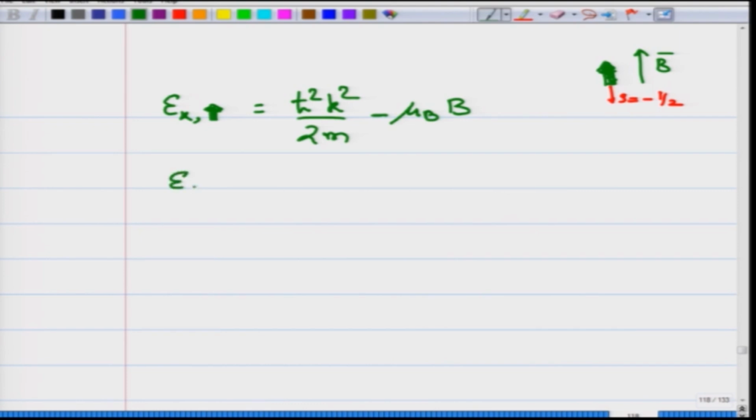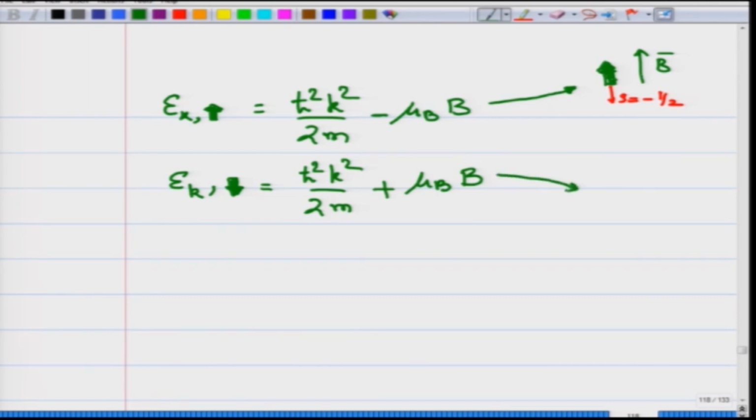For the electron with momentum k but with the magnetic moment down, opposite to the direction of the magnetic field, the energy is h cross square k square by 2m plus mu B into B. The first was for the case where the magnetic moment is parallel to the direction of the magnetic field, and this is for the case where the magnetic moment is anti-parallel.